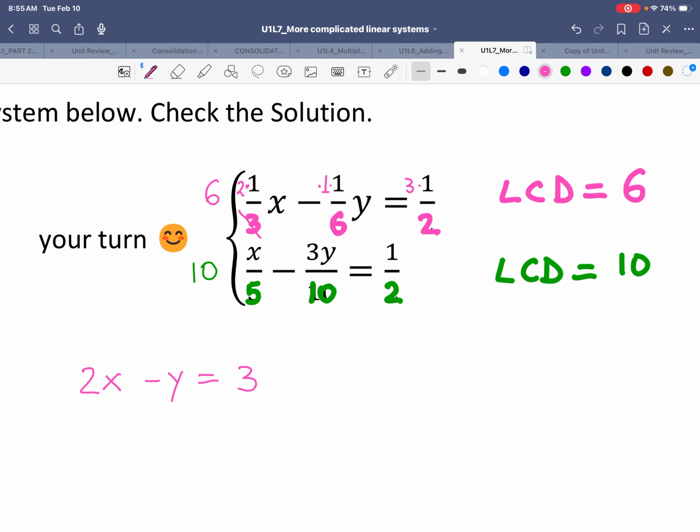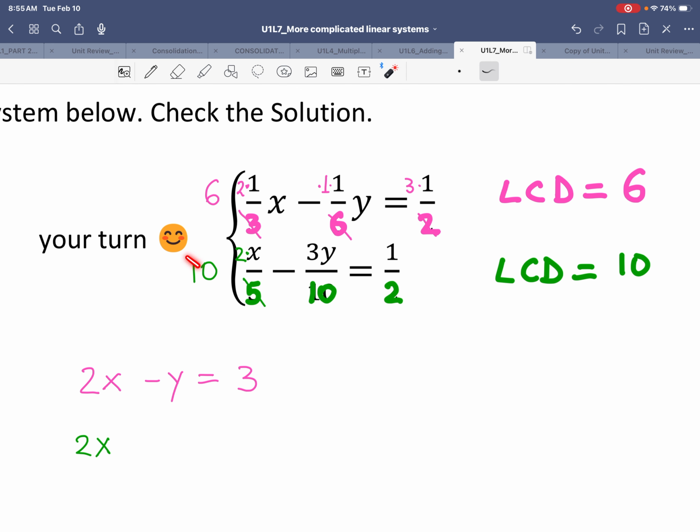So remember that these denominators have simplified, right? So 6 divided by 3, 2, 6 divided by 6, 1, and 6 divided by 2, 3. So the second equation, we have 10 divided by 5 equals 2. So 2 times x.